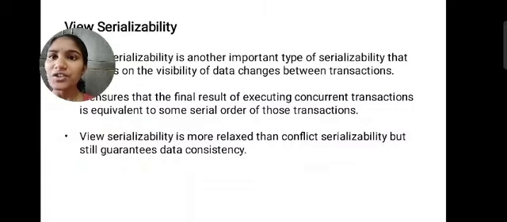We interchange the non-conflict pairs to get the serial transaction. At the end we get another way of transaction which is equivalent to the given parallel transactions. So this is called view serializability. View serializability is more relaxed than conflict serializability, but still guarantees data consistency.